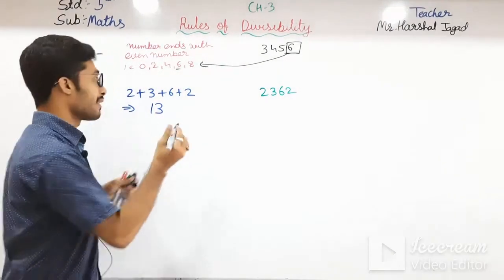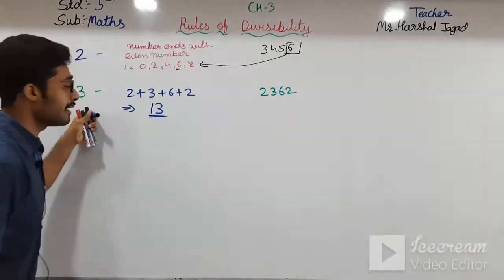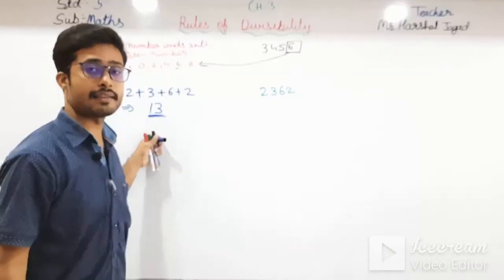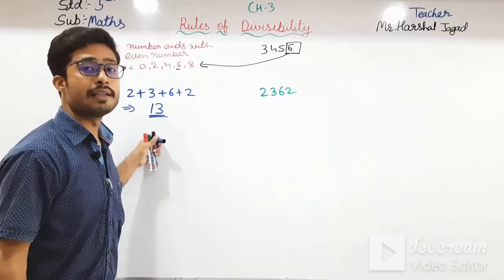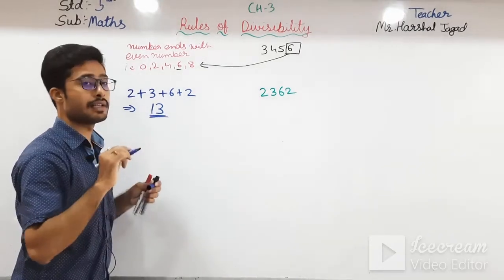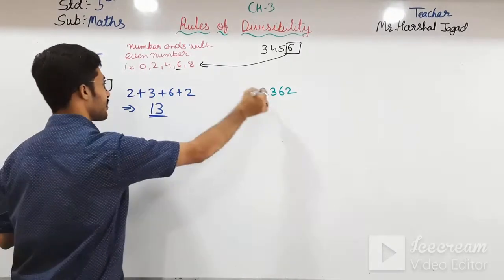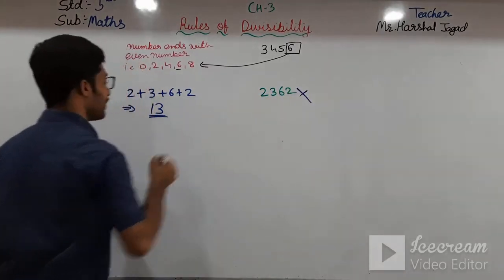So is 13 a multiple of 3? 3 ones are 3, 3 twos are 6, 3 threes are 9, 3 fours are 12, 3 fives are 15. 13 does not come in the multiples of 3. So this is not divisible by 3.